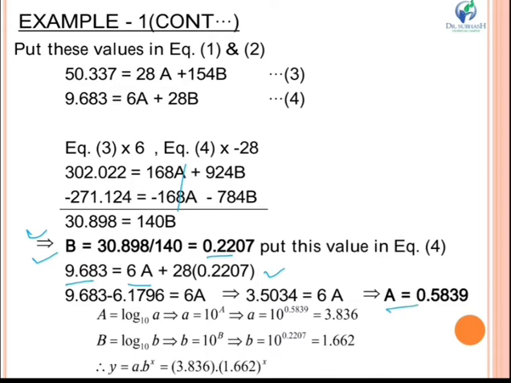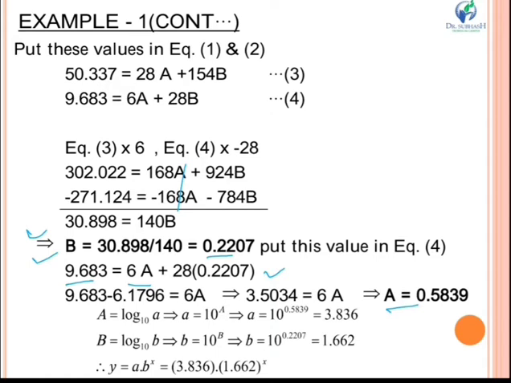So here I am with the values of capital A and capital B. But our given curve is in terms of small a and small b. We are given the curve y equal to small a into b raised to x. So what we have to do is convert the values of capital A and capital B in terms of small a and small b.